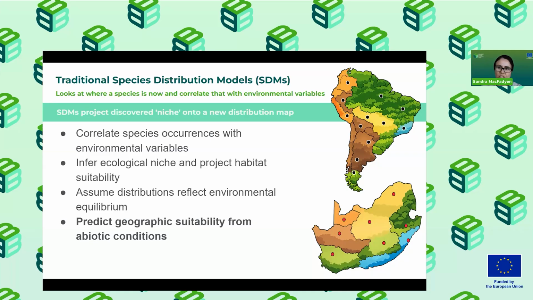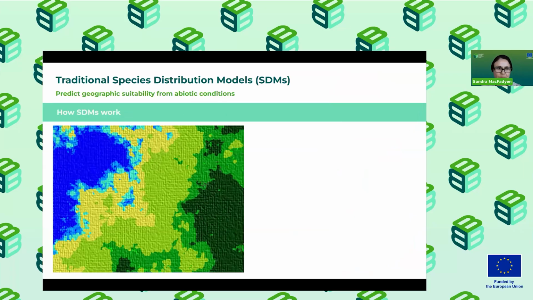So if you can imagine a species sitting in South America, for example, it has a specific pattern of habitat requirements and different environmental conditions that are needed for it to grow there successfully. A typical traditional species distribution model will then take those and project it into another landscape, for instance, in South Africa, and predict that those species could then also occur in that environment.